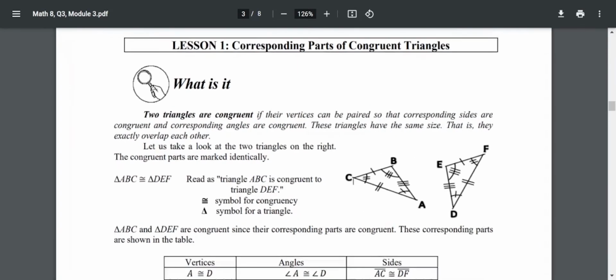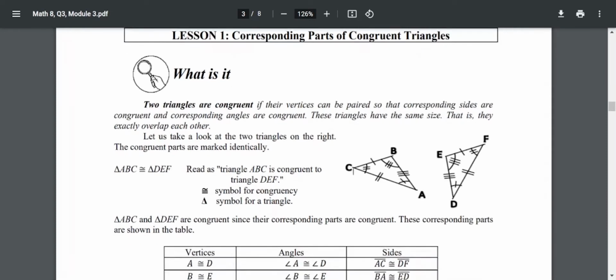So let's read here in our notes. Two triangles are congruent if their vertices can be paired so that corresponding sides are congruent and corresponding angles are congruent. So the two triangles are congruent if we pair their vertices, those points are called vertex, and their sides and their angles are the same.